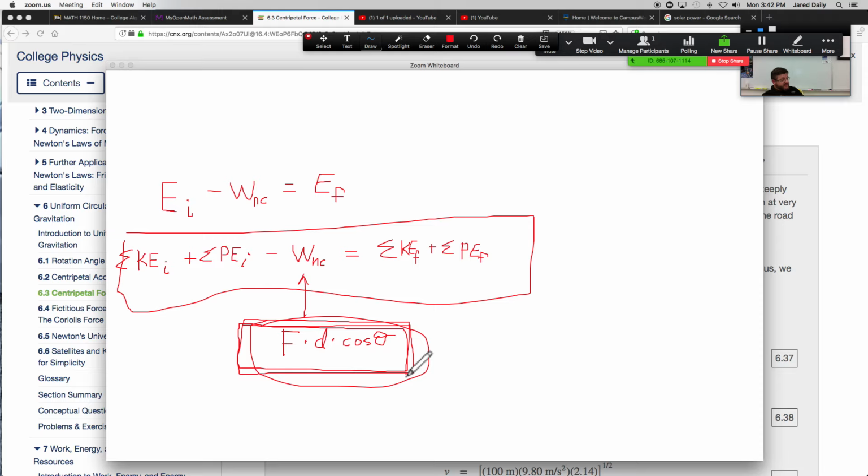Work equals force times distance times cosine theta. So the angle between your displacement and your force is 90 degrees. That cosine is going to go to zero. There is no work being done. That is true with moons going around planets, for example. Cars going around turns. The work being done is equal to zero because it's not being done in the direction that the car or the planet or whatever else is moving. Trick question.